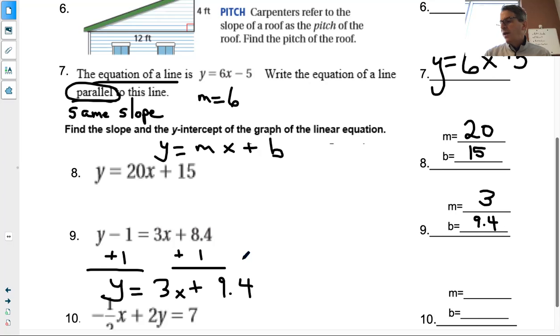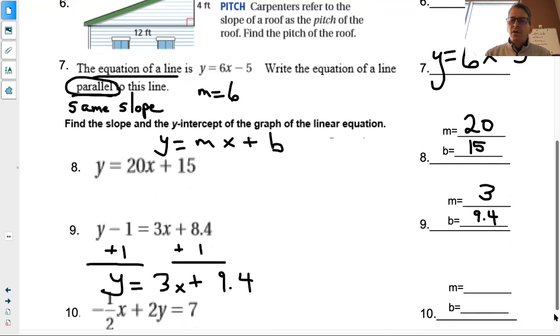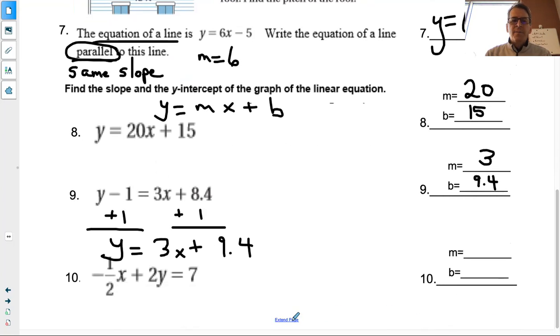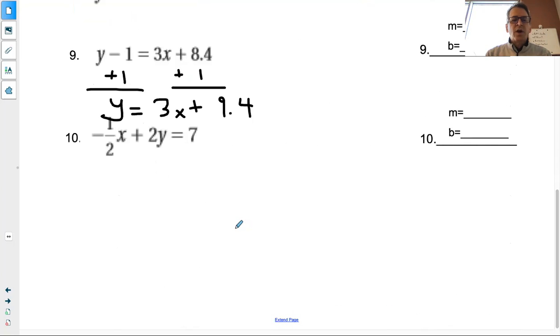Number 10, negative 1/2 x plus 2y equals 7. Okay, so let's move ahead with this one by trying to get the equation into slope-intercept form.